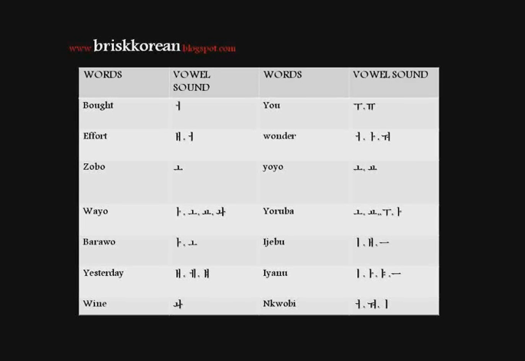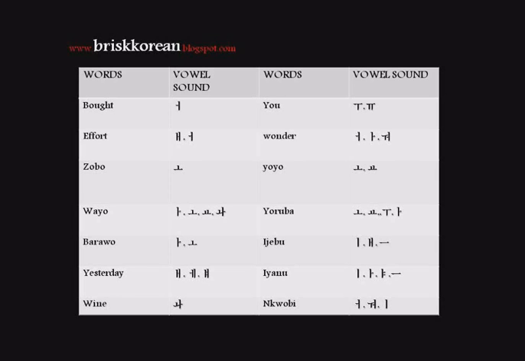Then in wonder, you have the o, a, and the wo sound. In yo-yo, you have o and yo sounds. In Yoruba, we have o, yo, u, and a sounds.